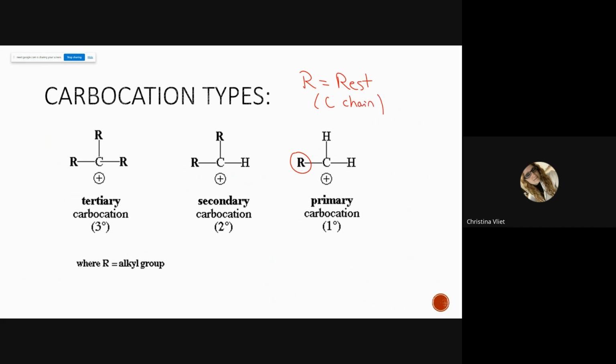Could be 1, could be 100. We don't know. One carbon connected. A secondary carbocation has 2 carbons directly connected to the carbon with the positive charge, and a tertiary carbocation has 3. It turns out one of these is more stable than the others.